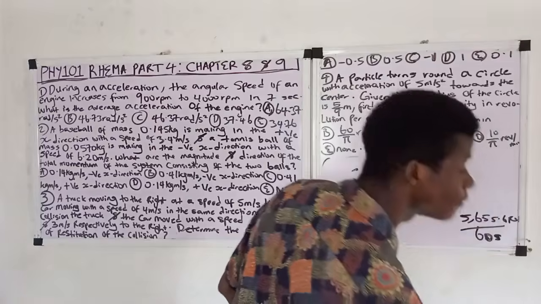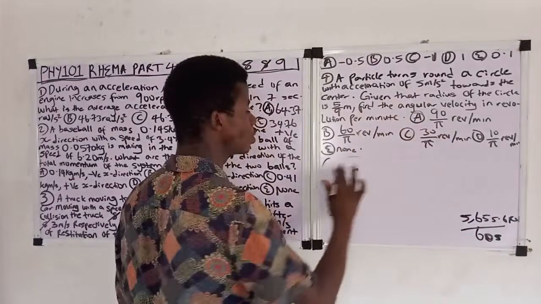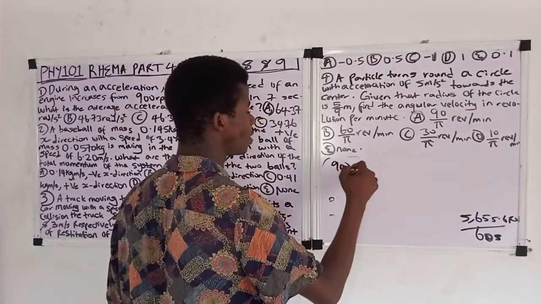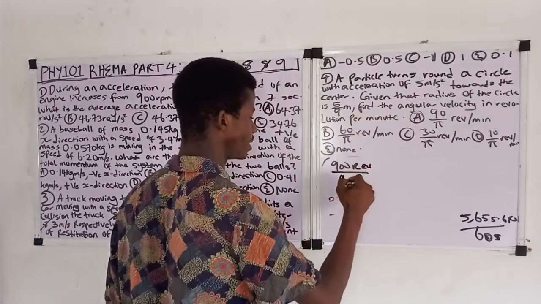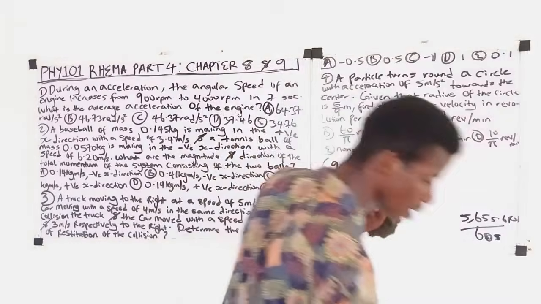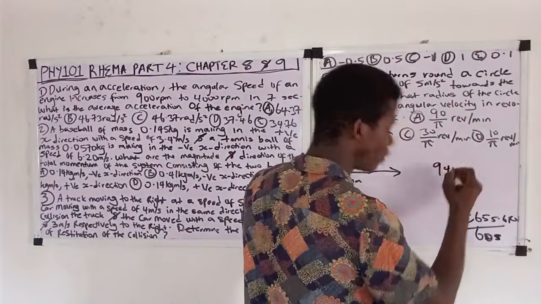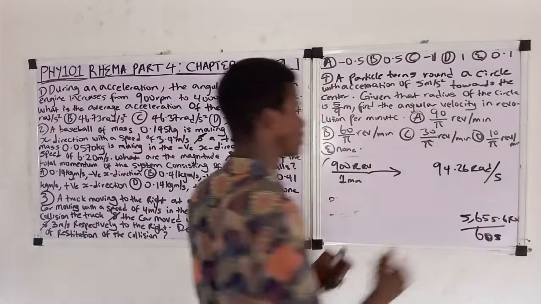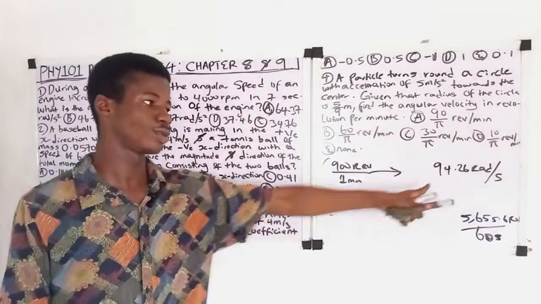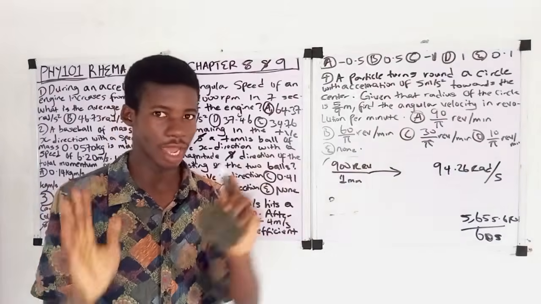So we now get 94.26. So 900 revolutions per minute is the same as 94.26 rad per second, right? Yes. That is how we do it. I hope you understand.